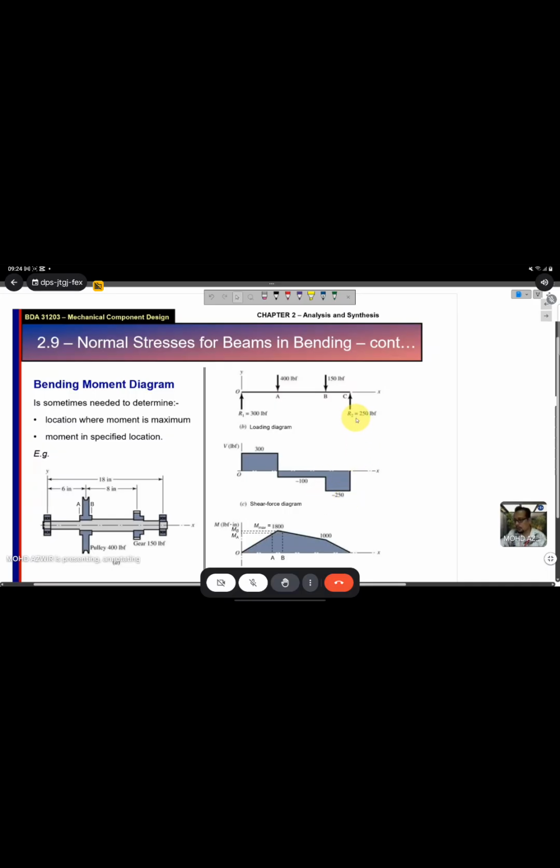Then the last one is 250 upward, and then you will get 0 again. So you can see that in the equilibrium theory, the starting value will be 0, and at the end it will also be 0. So this is the equilibrium.